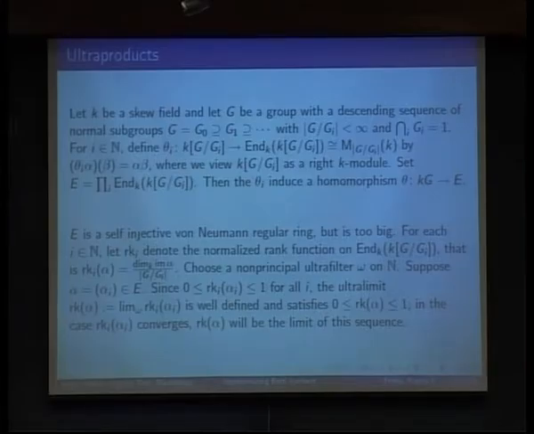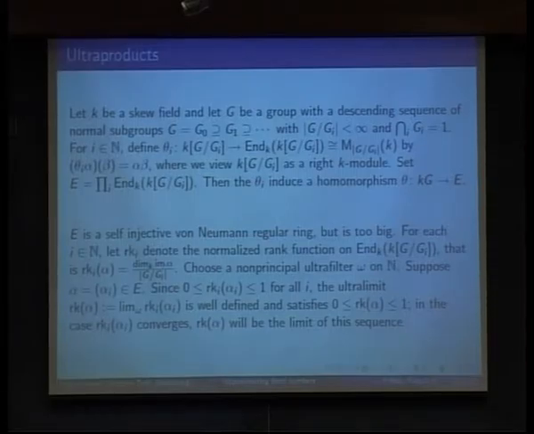But E is a self-injective von Neumann regular ring. It doesn't matter if you don't know what that is. It's rather like an infinite matrix ring. But I'd say it's too big. You want something smaller.